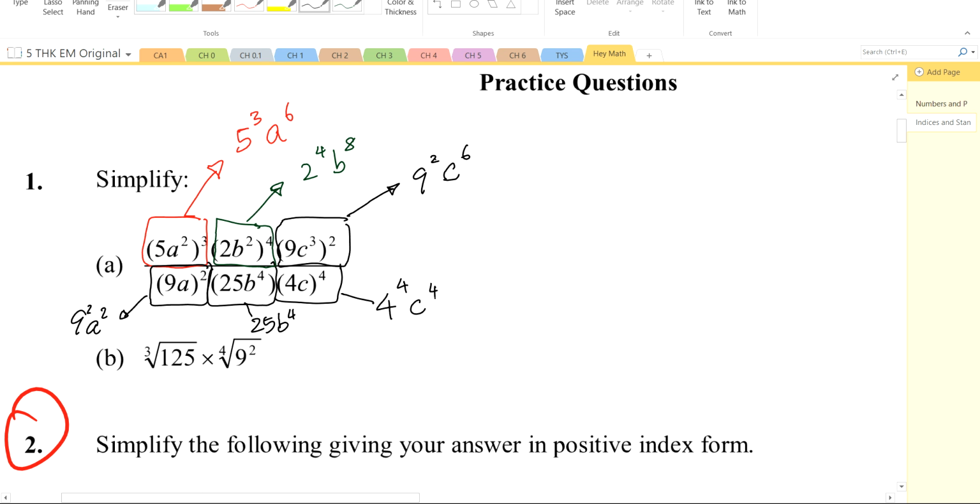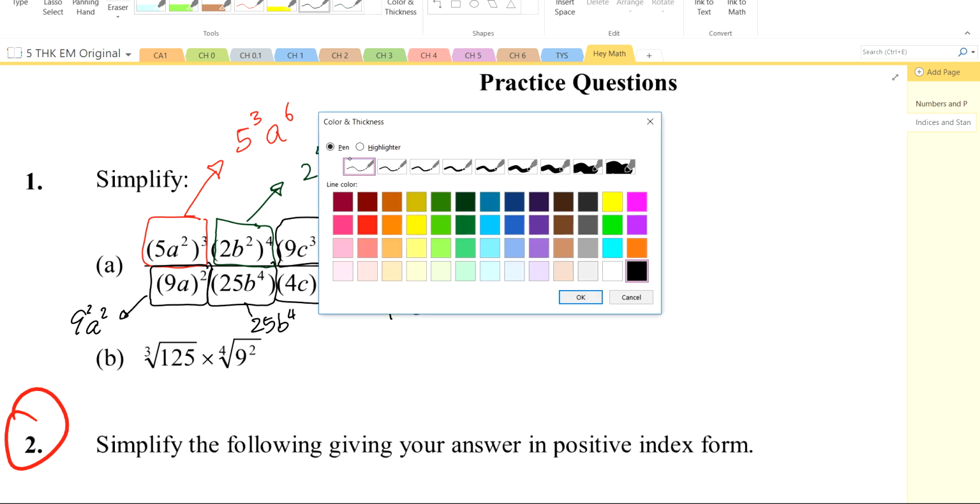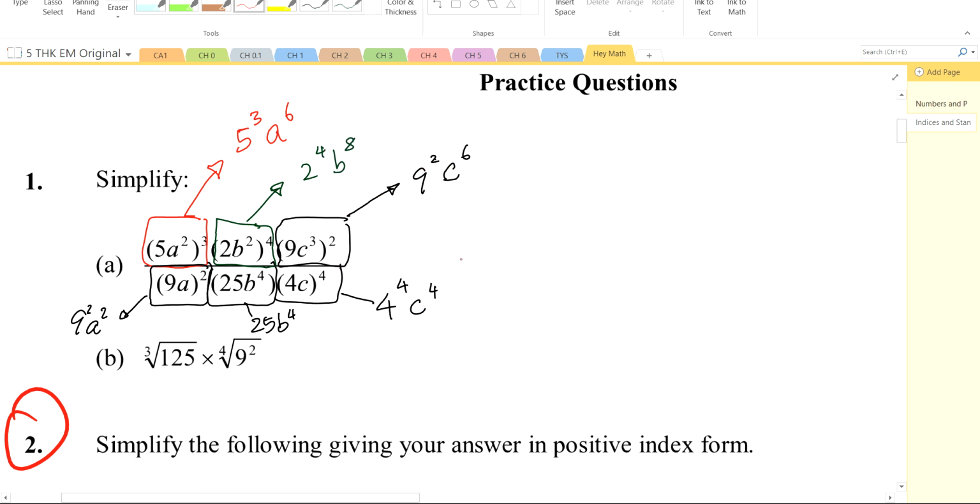Okay. Then let's put everything together. So this gives us 5 cubed. Then you can choose to put all the numbers together, right? Then all the letters at the back. So we've got 5 cubed, got 2 to the power 4, we've got 9 squared, a power 6, b power 8, c to the power 6. Okay, this is our new numerator.